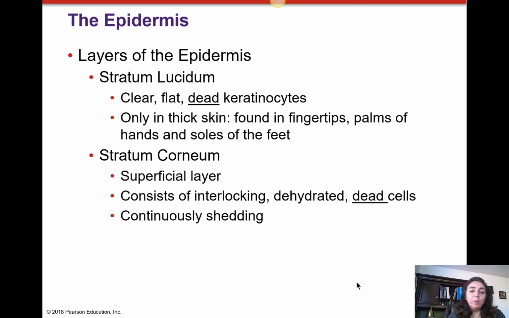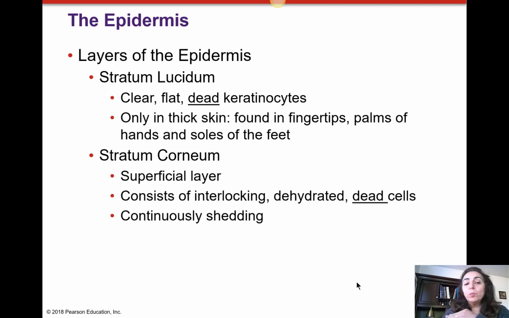As we said, lucidum means transparent, and because of their color we call them lucid. And the stratum corneum is the most superficial layer, consisting of interlocking dehydrated dead cells. These cells are obviously dead too, and they are full of keratin and continuously shedding from the surface of the body.